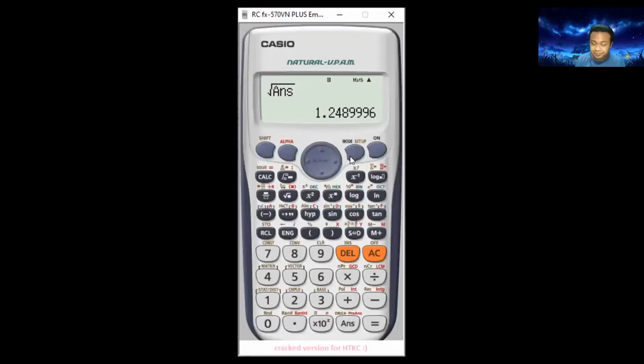On your calculator, go to mode, then shift, mode, then down, and then go to stat, so 4.